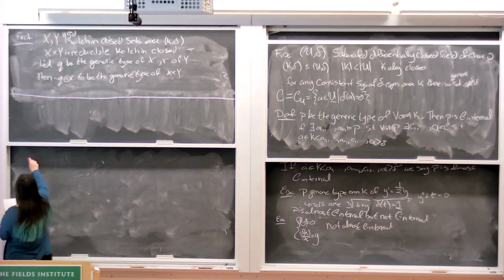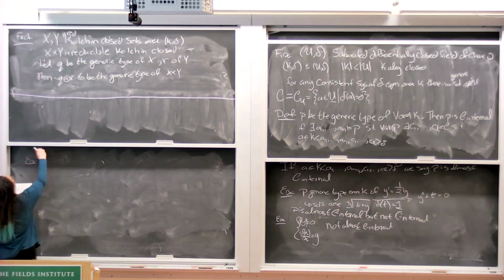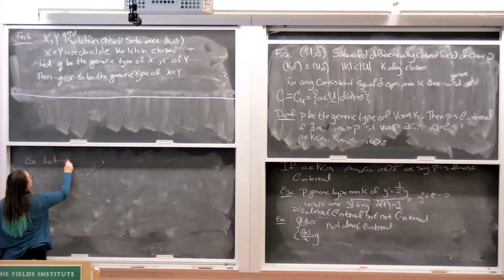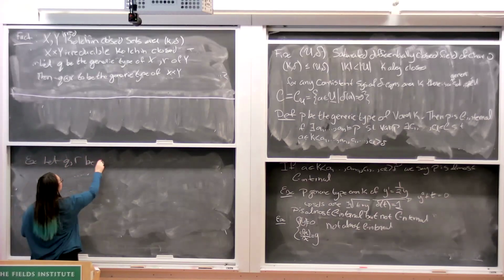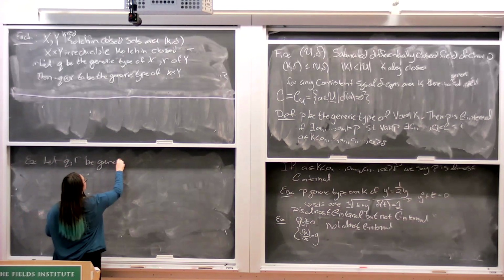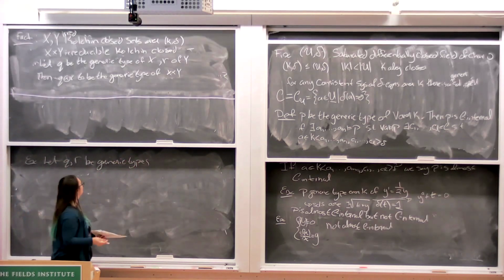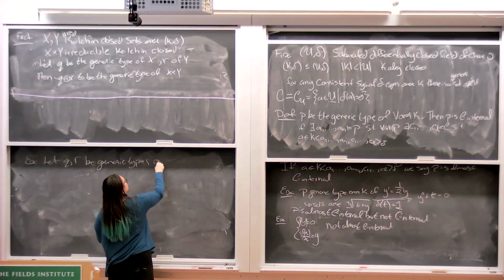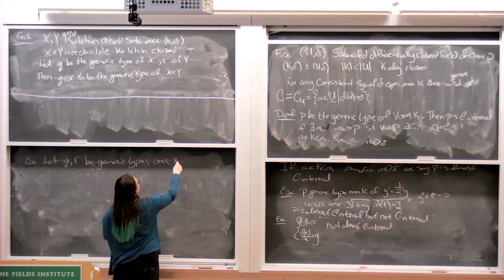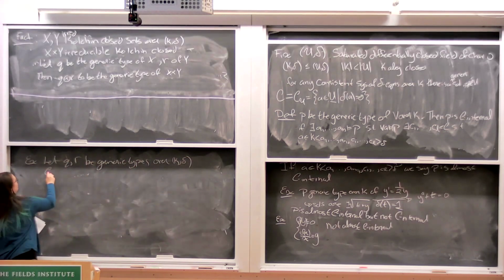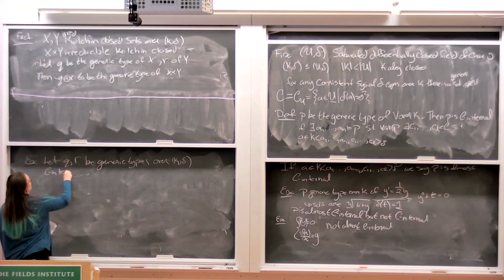So for example, let Q and R be generic types of some Kolchin closed sets over K, and they're both internal to the constants.